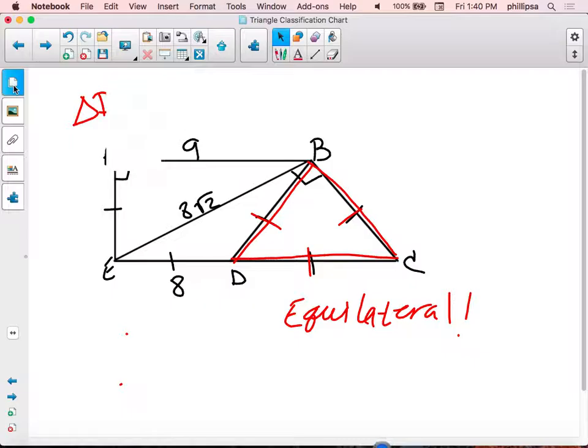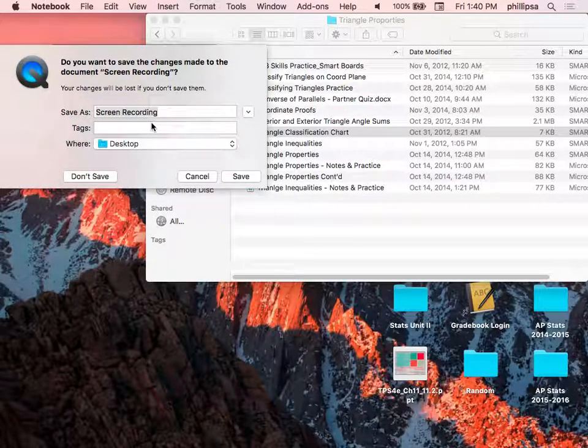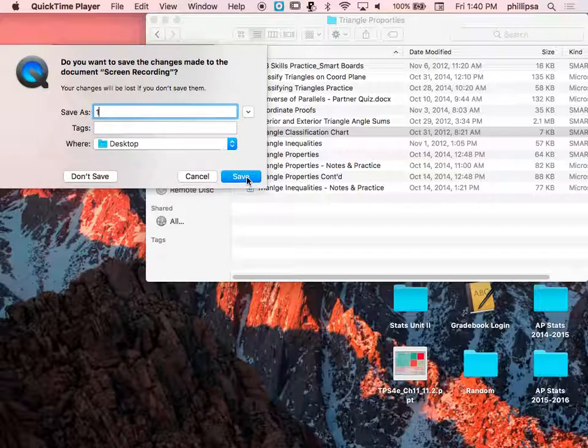So I actually want to start this backwards. I want to start with that equilateral triangle. You guys could just give me 1 second.